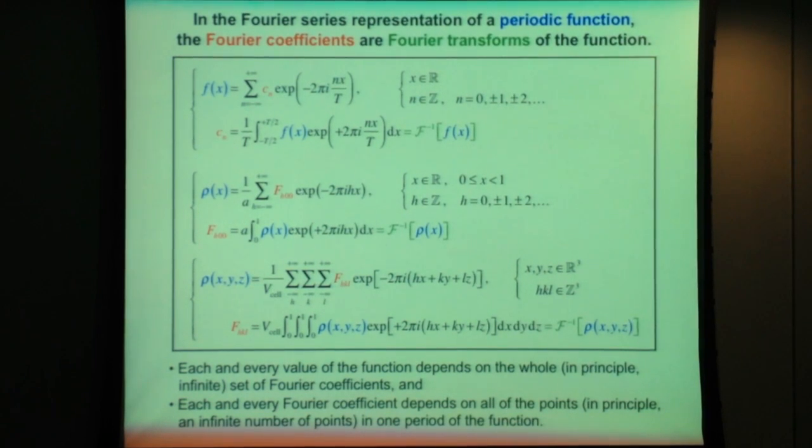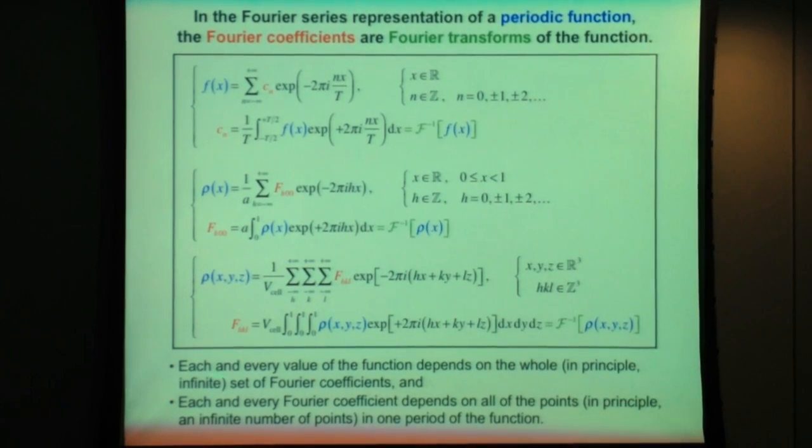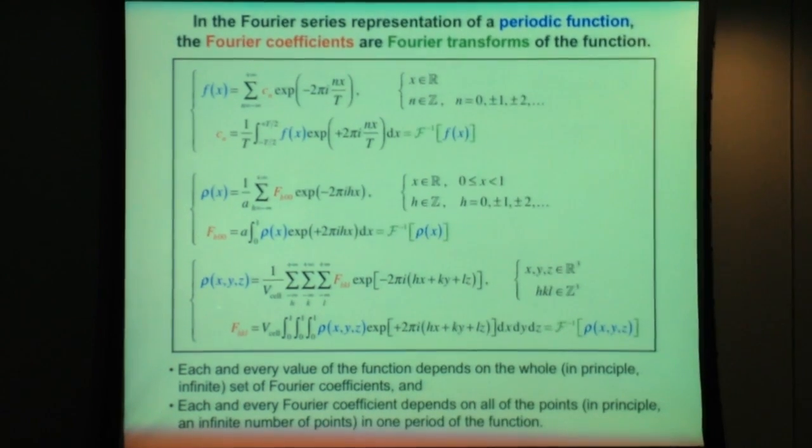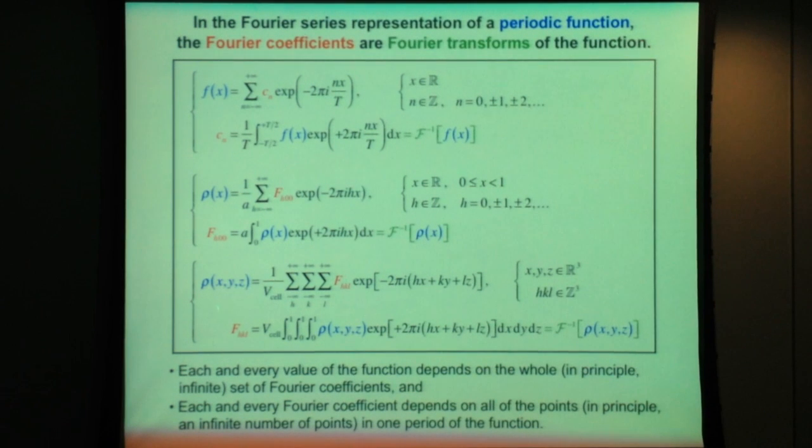Okay, and we emphasize, I think we made this point last time, it bears repeating, that each and every value of the function, in our case rho of x, y, z, each single value for each individual triple x, y, z depends on the whole set, this in principle infinite triple sum, of Fourier coefficients, in our case structure factors.